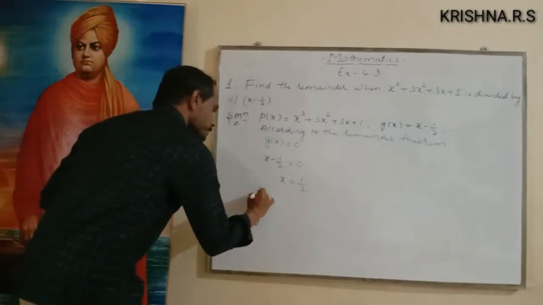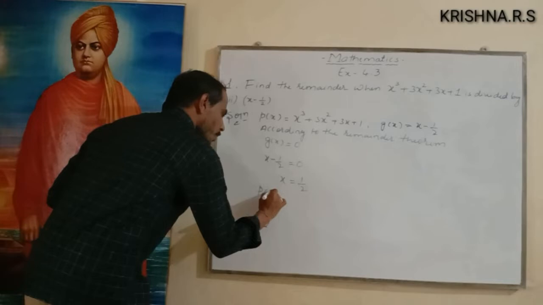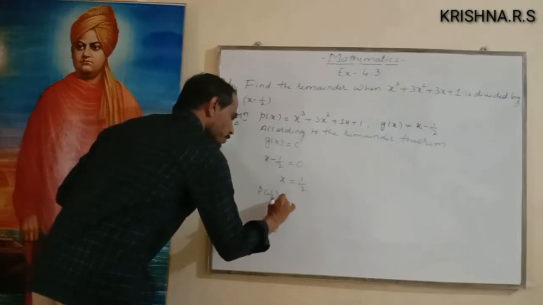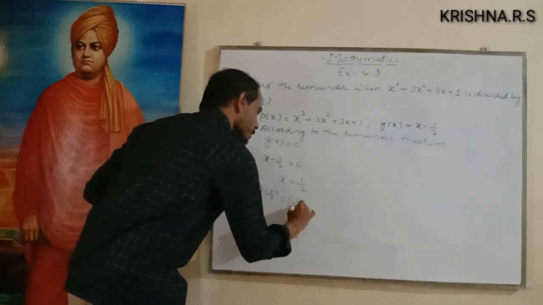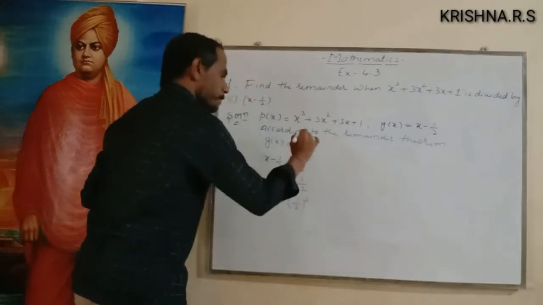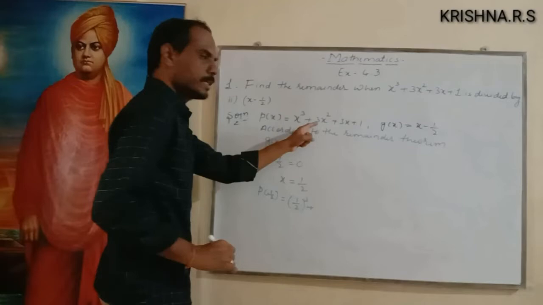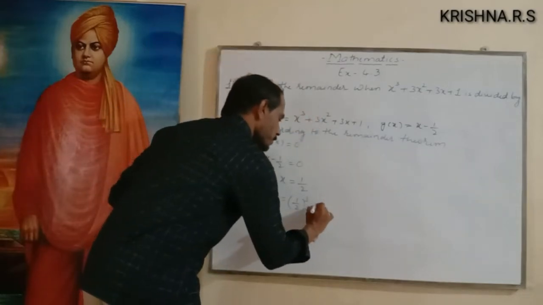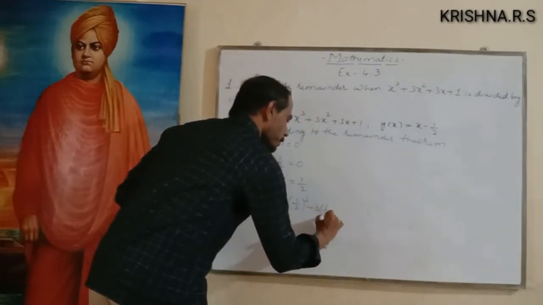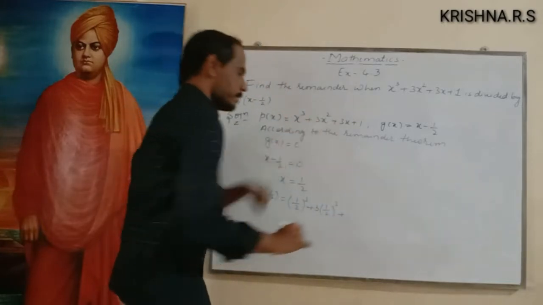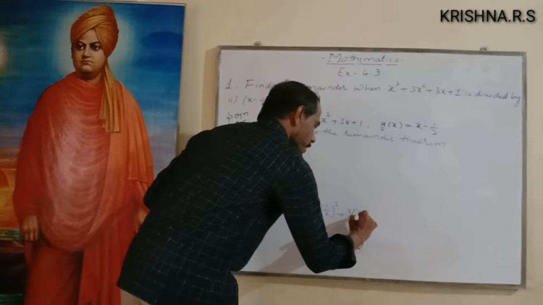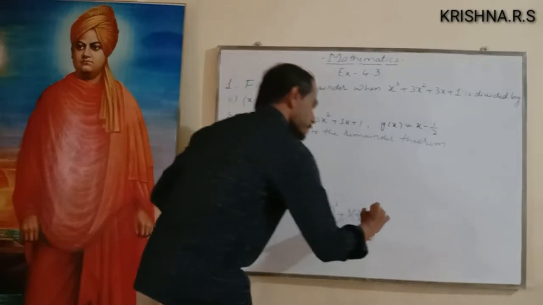Okay. P of 1 by 2 is equal to x cube, 1 by 2 whole cube, plus 3x square, 3 into 1 by 2 whole square, plus 3x, 3 into 1 by 2, plus 1.